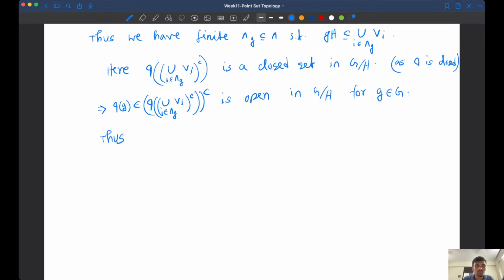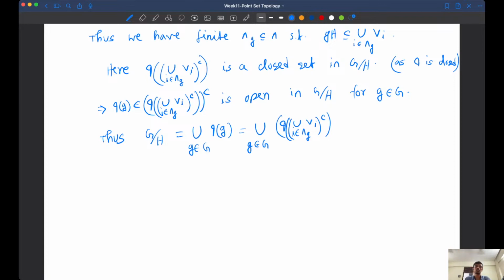And thus, each of these things is open, so you can say that G mod H is the union over all g belongs to G of Q of g, and Q of g belongs here, so this is also the union over g belongs to G of the complement of Q of the complement of the union over i belongs to lambda_g of V_i.